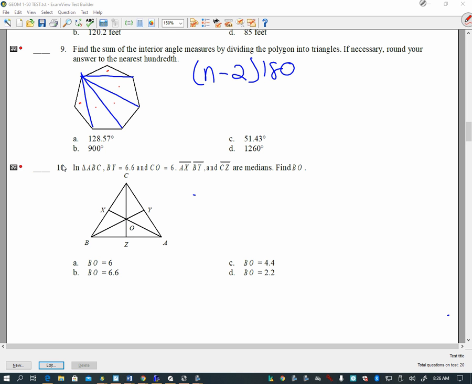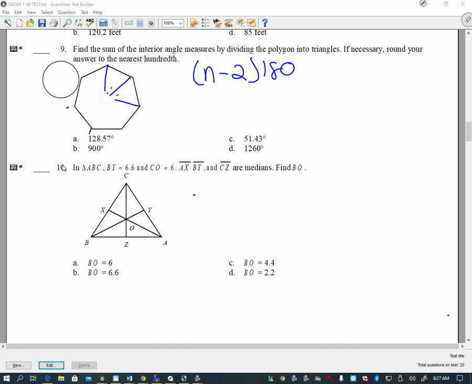Now, let me just show you what not to do. Under no circumstances should you make a point in the middle and draw your triangles like this. You'll get 7 triangles, and none of these angles is a part of the actual figure itself, so you're going to wind up with a number that's too big.